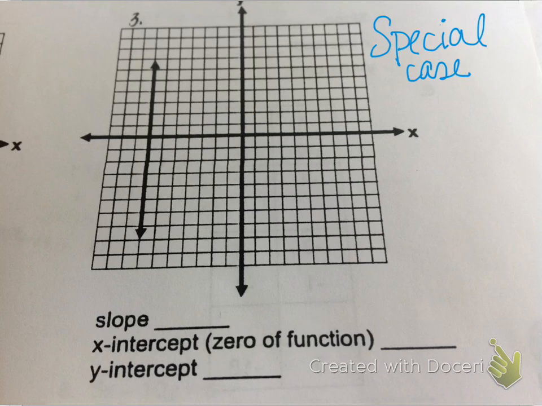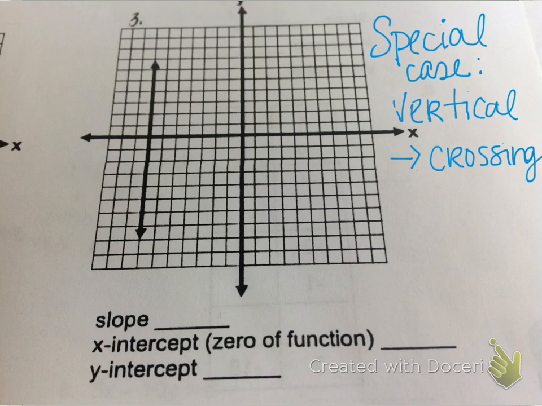Okay, now we're going to look at some special case graphs, which means that it is going to have either a horizontal or a vertical line. In this first special case, I have a vertical line, which tells me that I am crossing the x-axis.